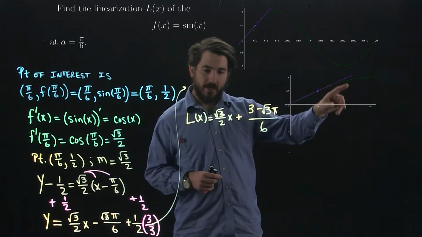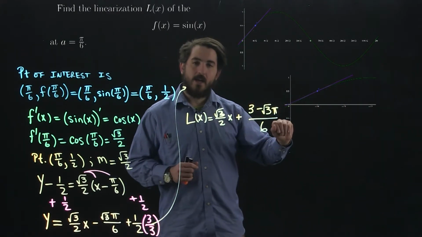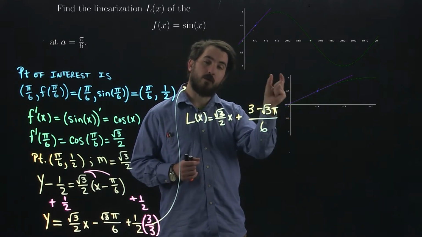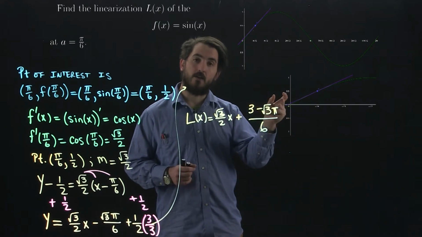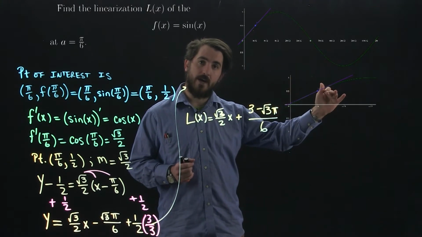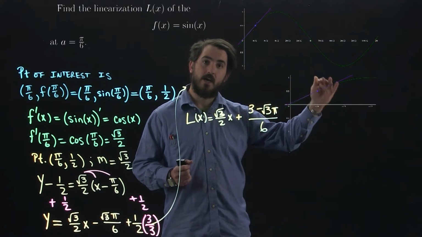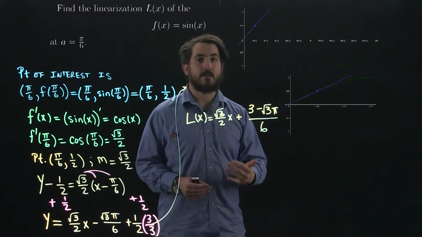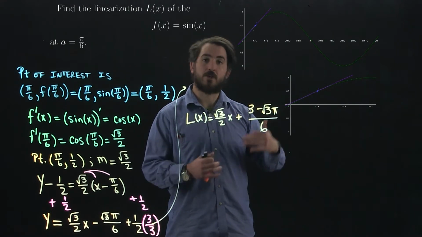For example, we can see from this graph that the line is very close to the curve when we're very near pi over 6. But as we drift farther to the right of pi over 6, the line drifts further away from the curve, meaning the linear approximation will degrade.